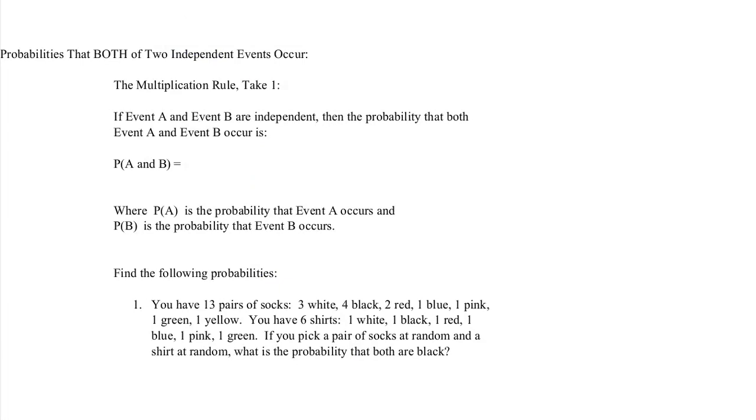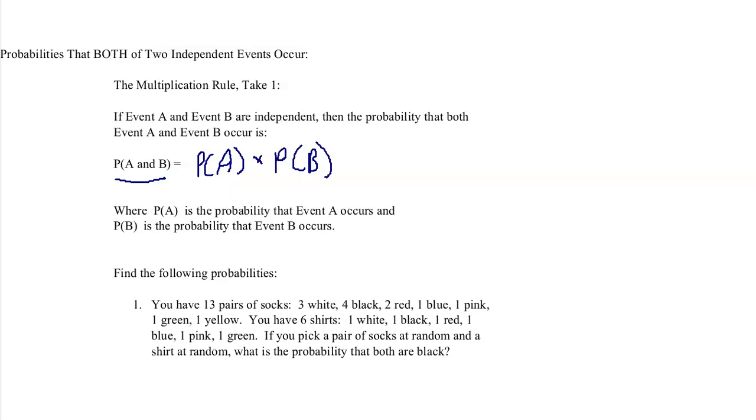The notation for that is the probability of A and B, P and then in the parentheses A and B. So the probability that A and B both occur, if they are independent events, is the probability of A times the probability of B. The probability that two independent events both occur is the product of the two separate probabilities.